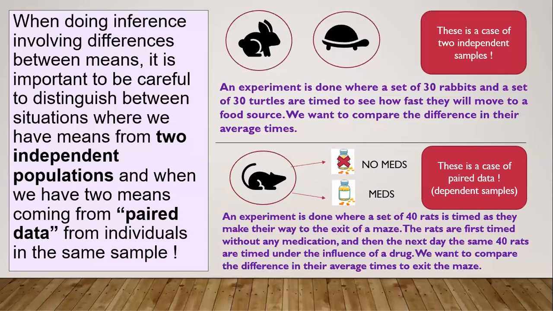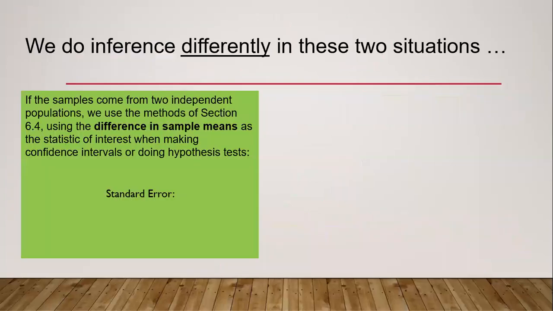It's important to distinguish, very important to distinguish between these two situations, because we're going to do inference differently in them. In the first situation, such as with the rabbits and the turtles, we're talking about using the difference in sample means as the statistic of interest. Because there are two separate populations and two separate samples, it makes sense to talk about an X1 bar and an X2 bar, two separate sample means.